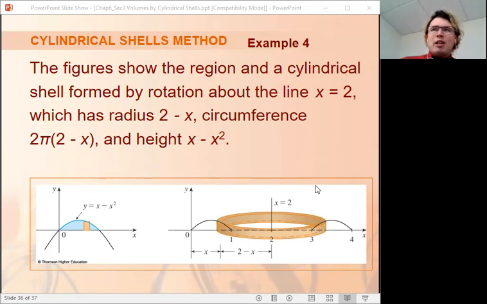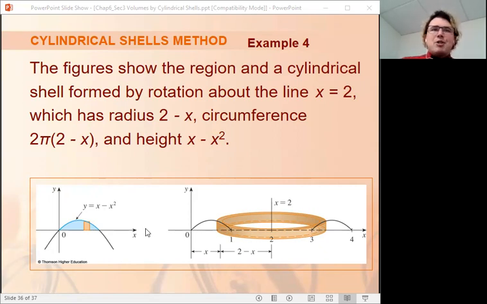So again, shell formula requires three different things: thickness, circumference, and height. My thickness is just going to be my differential, my dx, very simple. My height is going to be, well, it's just the value of my function, the difference between x minus x squared and 0.